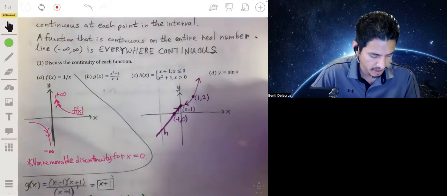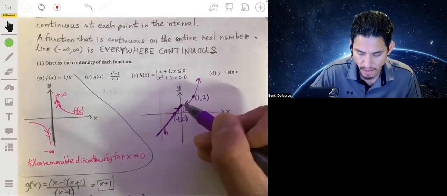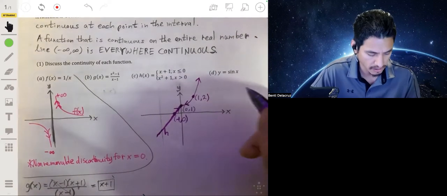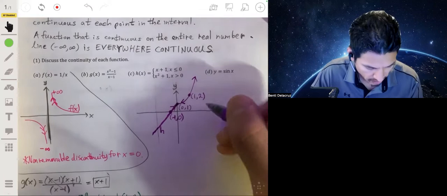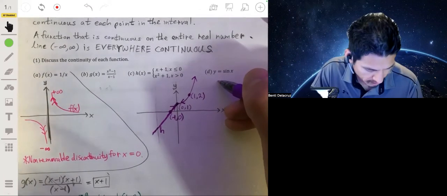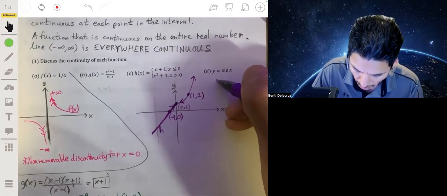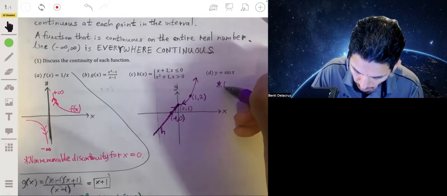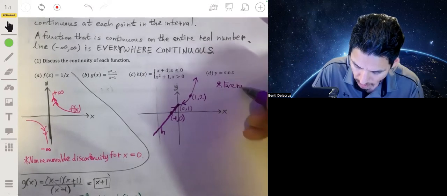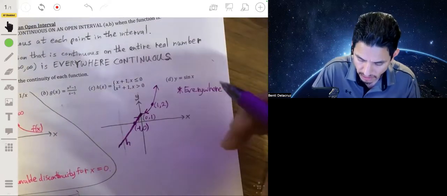We just say the graph is continuous everywhere, because you can plug any value into here and any value into here, and there are no holes, gaps, or anything. So it's continuous on the entire real number line. You can say continuous everywhere, or everywhere continuous. Let's go ahead and write that. Everywhere continuous.